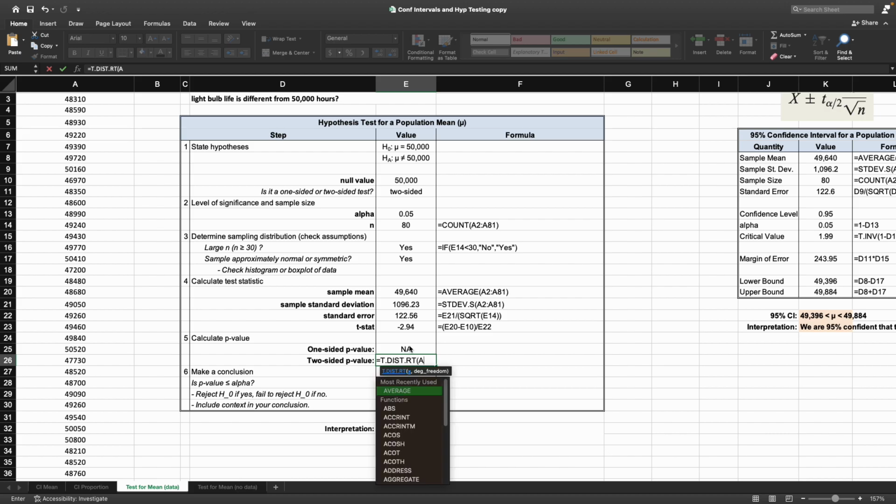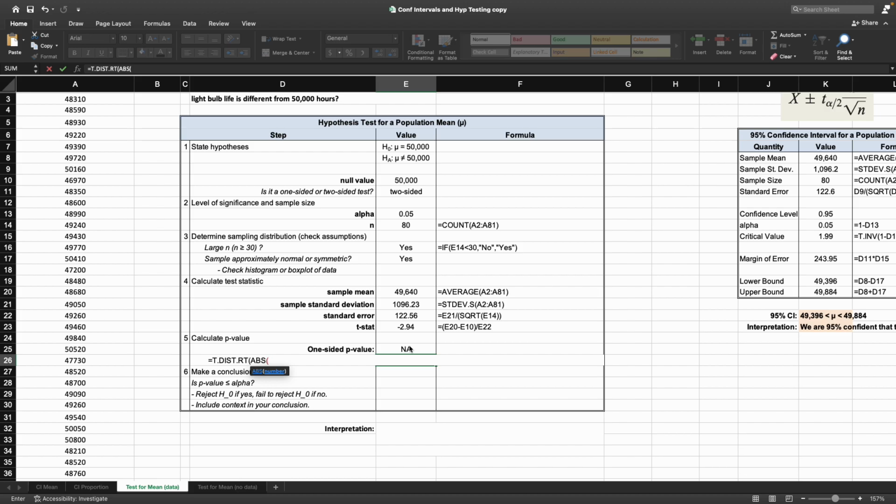And then we're going to do the absolute value of our test statistic, which is t-stat, close parenthesis, and then comma, degrees of freedom, so that's going to be 80 minus 1, close parenthesis, and enter.